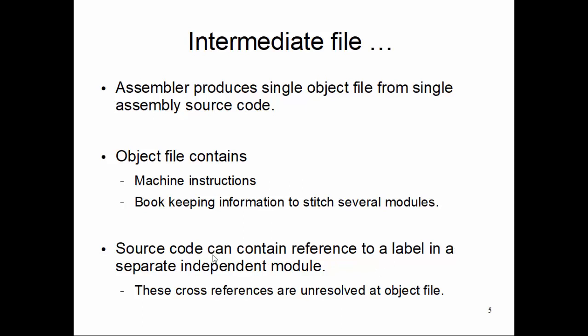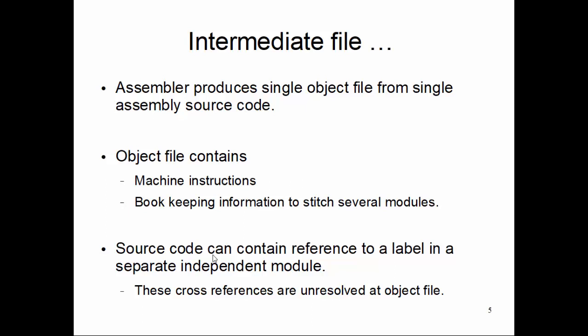What it means is that, let's say your source code contains something like printf, or your source code 1 contains a reference to another function which is in source code 2. So when we are assembling, we are generating object code for source code 1.